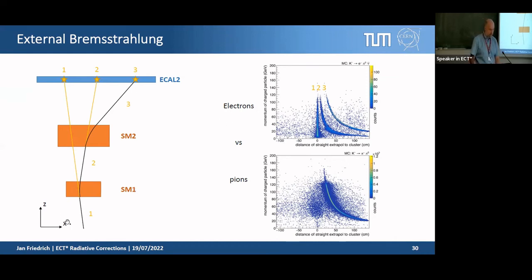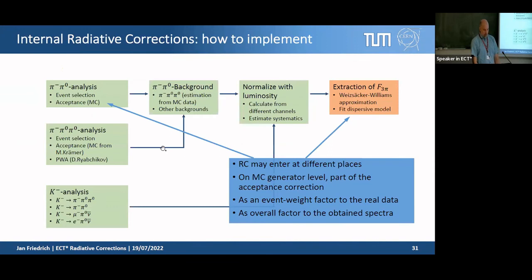For the pions, this does not happen. Pions do not do real external Bremsstrahlung, and so all you see is that the pion leaves at the impact point a part of its energy. Okay, so now the radiative corrections must be implemented in our analysis scheme also somewhere.